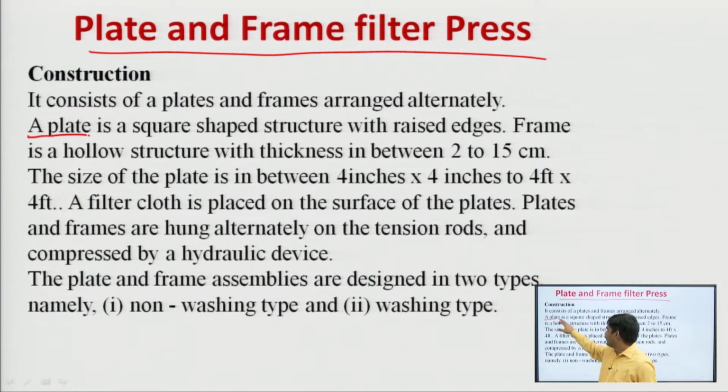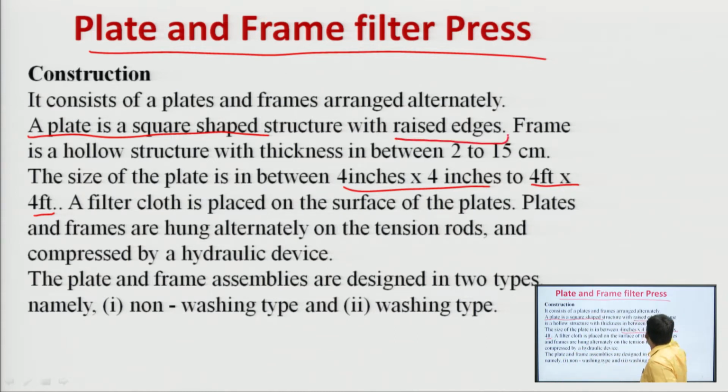What is plate? A plate is a square shaped structure. It may be 4 by 4 inches or 4 feet by 4 feet. That means the size of the plate lies between 4 by 4 inches to 4 feet by 4 feet. Plate is a square shaped structure with raised edges.